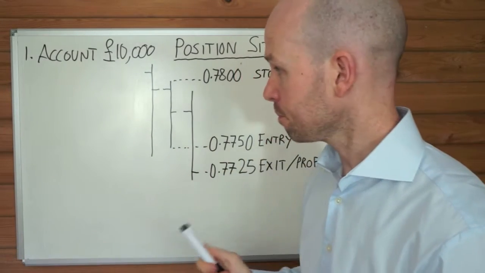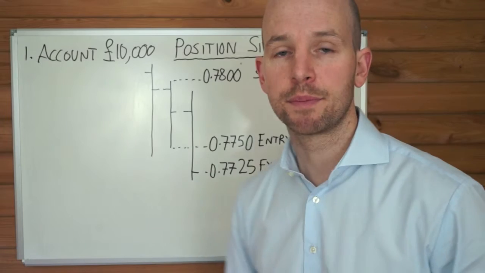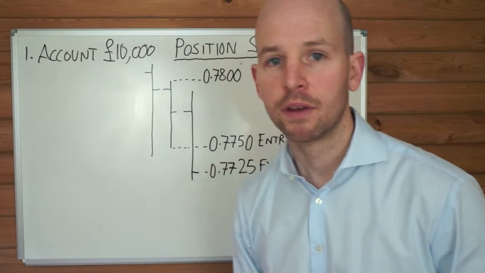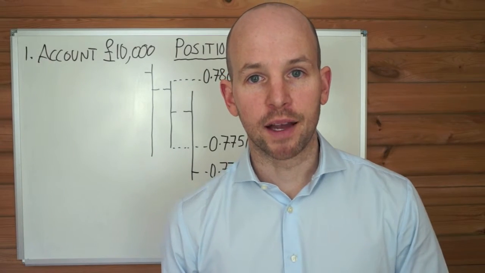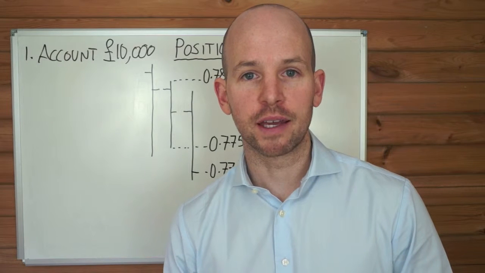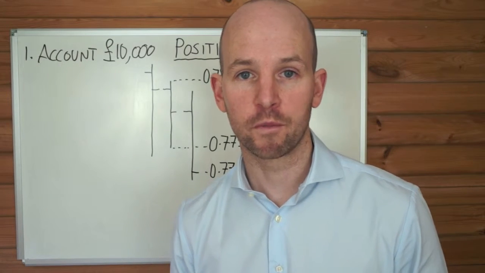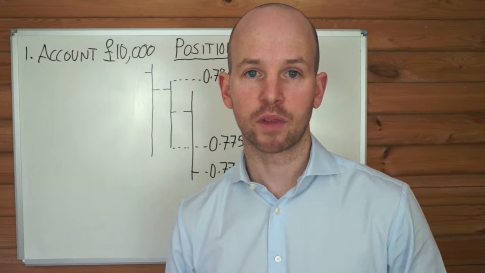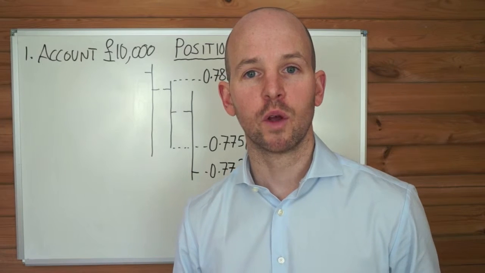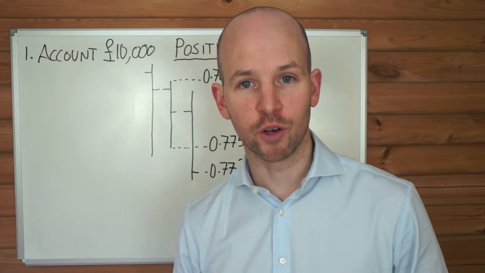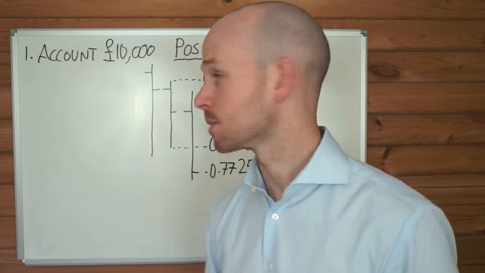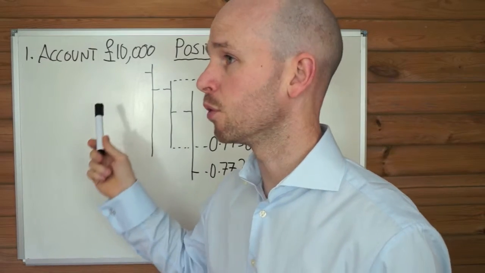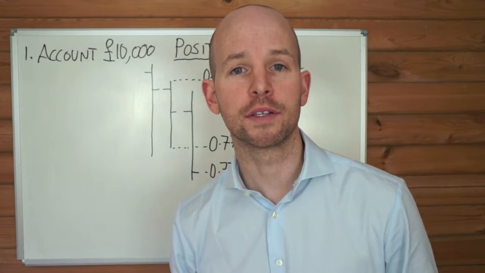Now, a recommended position sizing strategy that you can't go too far wrong with is a fixed fractional 1%. What that means is you risk 1% of the value of your account on each trade. The important thing to remember is fixed fractional.